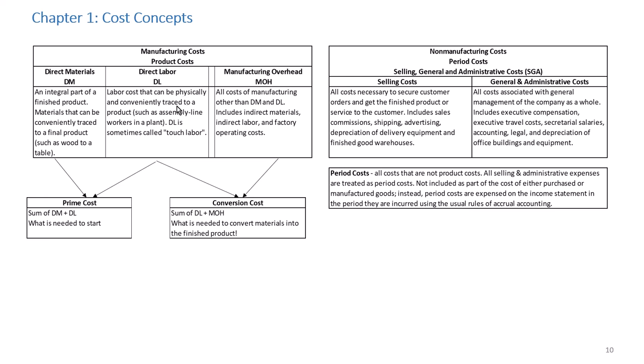Direct labor is sometimes called touch labor. Manufacturing overhead, or MOH, are all costs of manufacturing other than direct material and direct labor. MOH includes indirect material, indirect labor, and all factory operating costs.